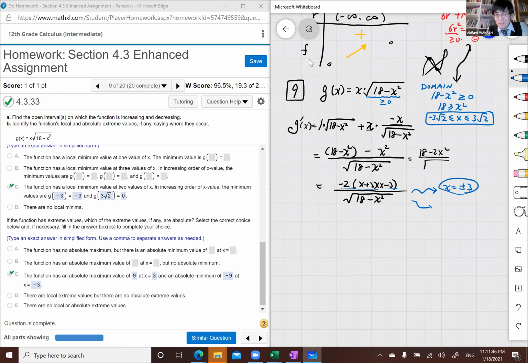So g dash is undefined when x is equal to plus or minus the square root of 18, which is 3 square root of 2. Those are also critical points because g dash is undefined.